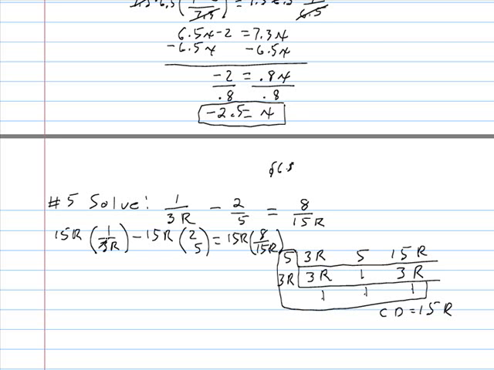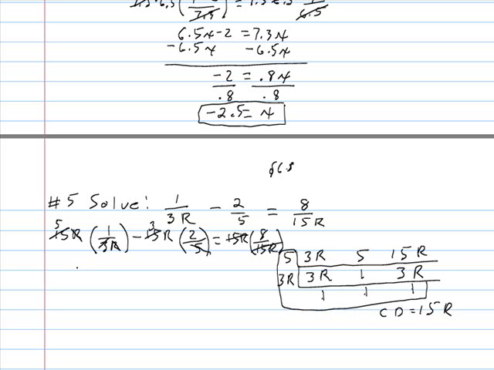Well, the 3 on the bottom cancels the 3 in the 15, but doesn't cancel the 5 in the 15. So the 5 is still there. The r on the bottom cancels the r on the top. In the second one, the 5 on the bottom cancels the 5 in the 15, but it doesn't cancel the 3 in the 15. And on the last one, the 15r cancels the 15r.